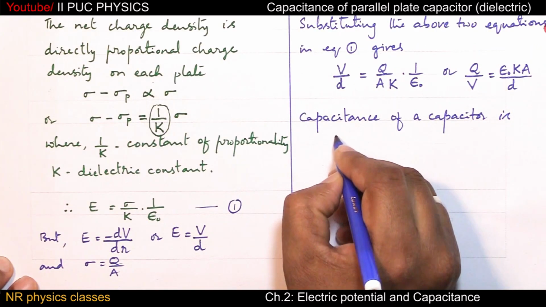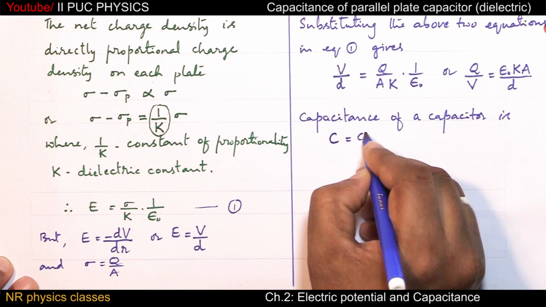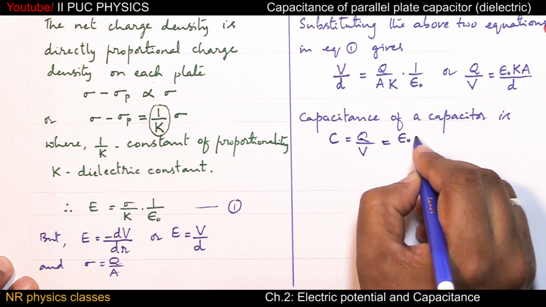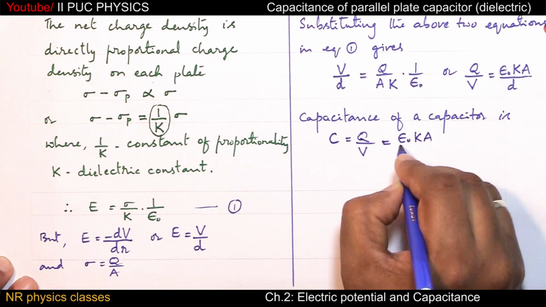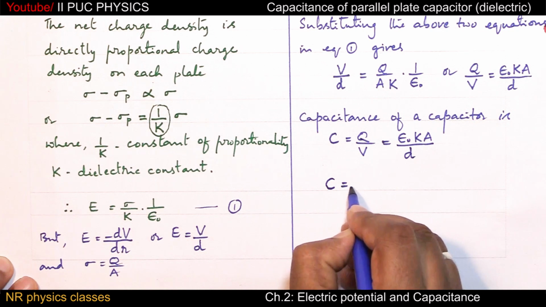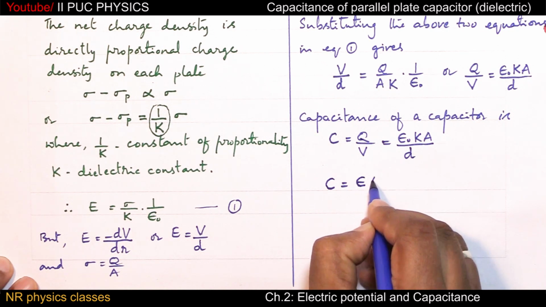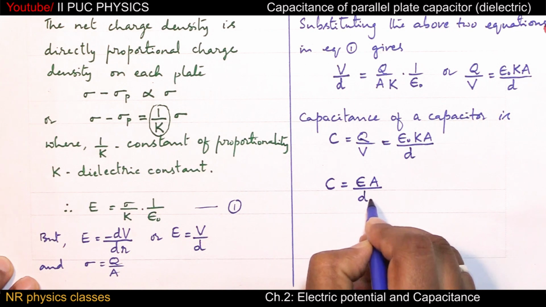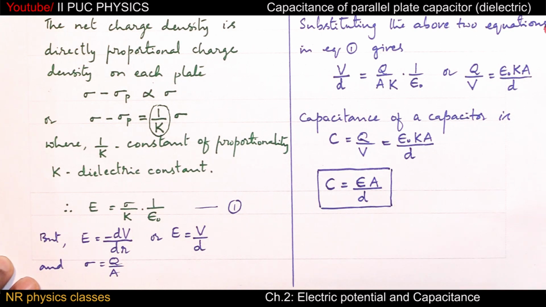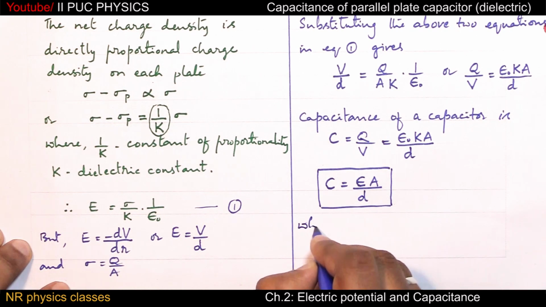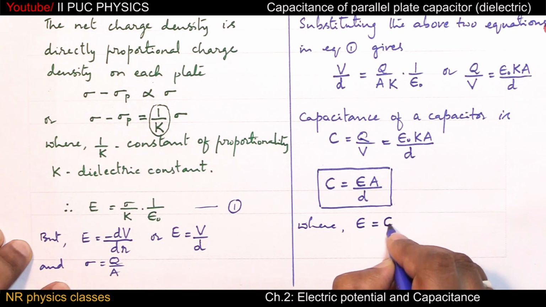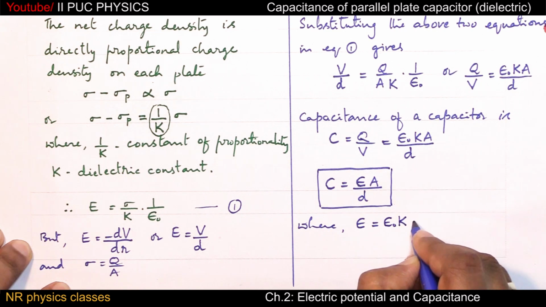Capacitance of a capacitor is C equal to Q by V equal to epsilon naught K A by D, or C is also equal to just epsilon A by D, where epsilon equal to epsilon naught into K, dielectric constant.